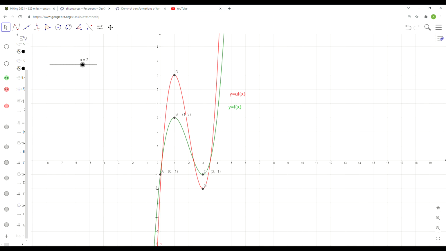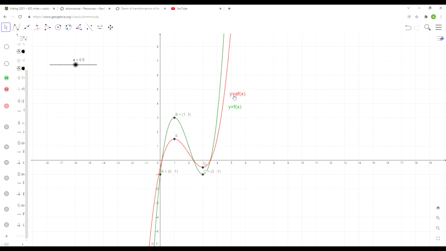Let's think about what happens if we set a equal to half. Well, the same sort of effect. We've multiplied all of those y-coordinates by a half because we're taking f of x, which was the original y-coordinate, remember, multiplying it by a half. So our new y-coordinate is a half of the old one.